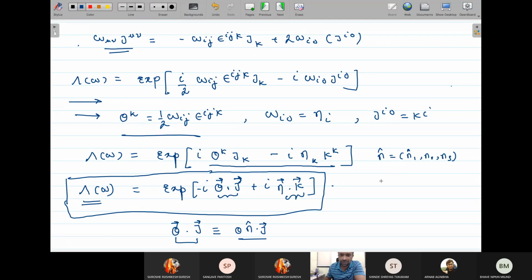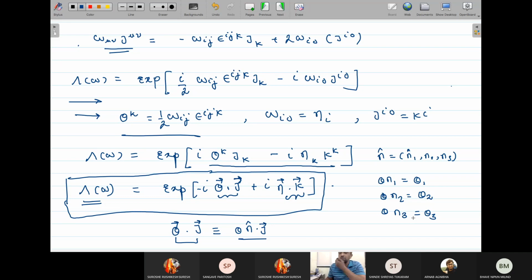In some textbooks they write θn1 as θ1, θn2 as θ2, and θn3 as θ3. Clear? So this is understood when I write this: θ1 J1 plus θ2 J2 plus θ3 J3, where θ1 is n1 θ, θ2 is n2 θ, and so on.